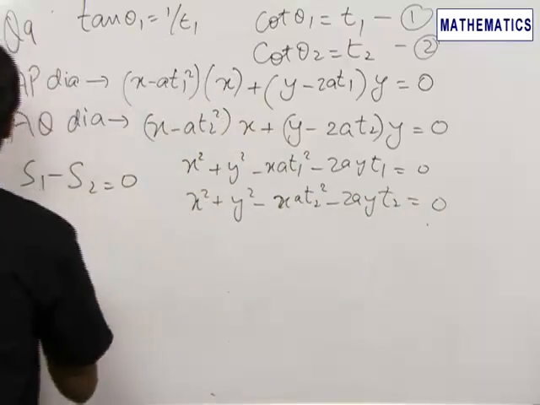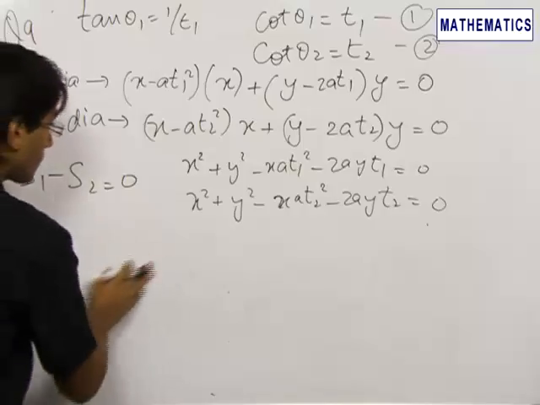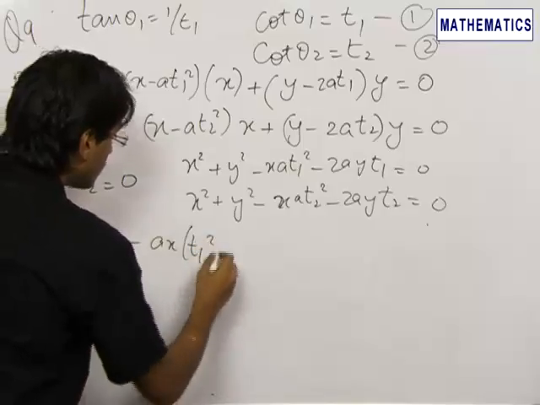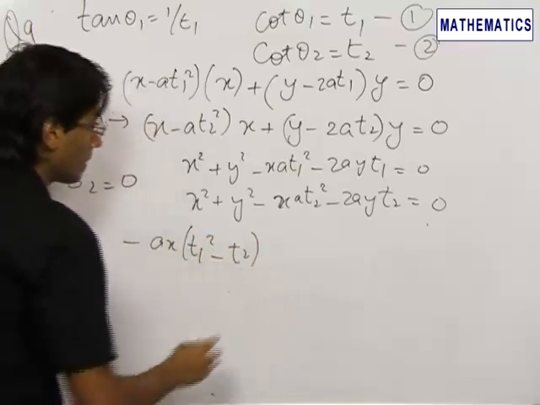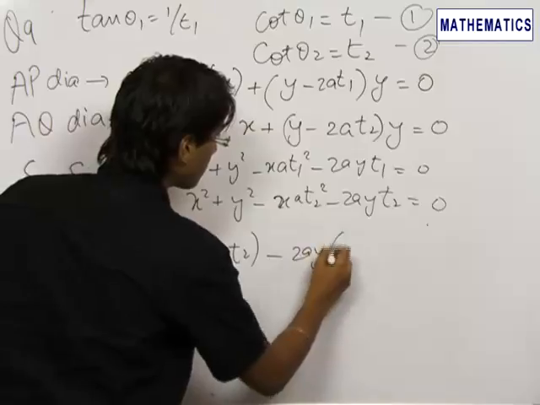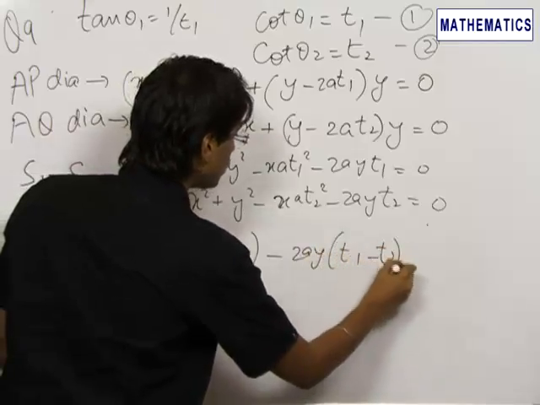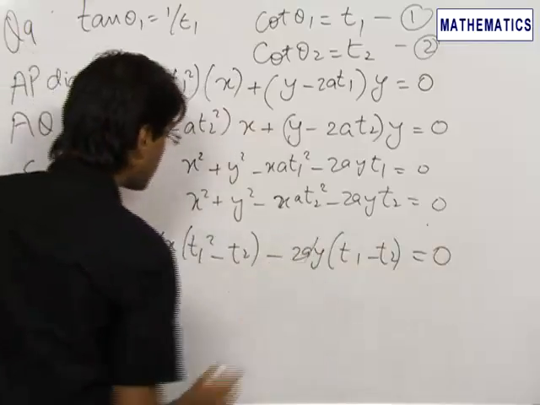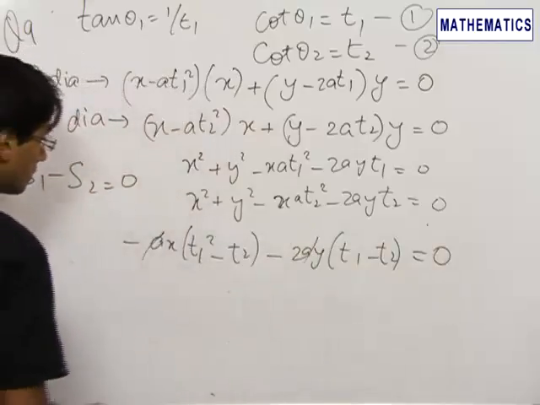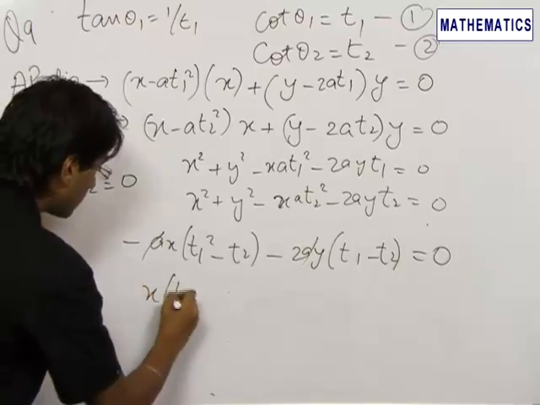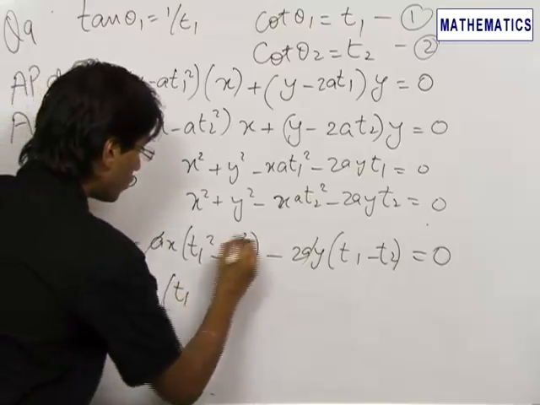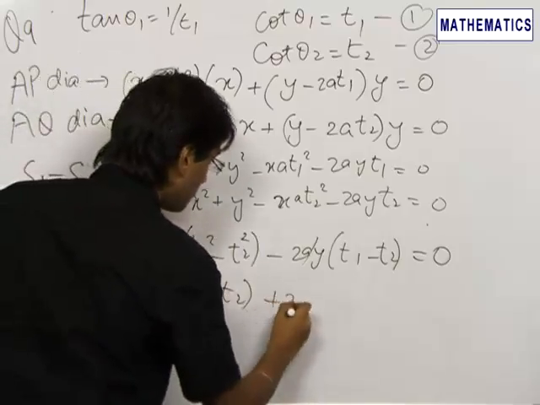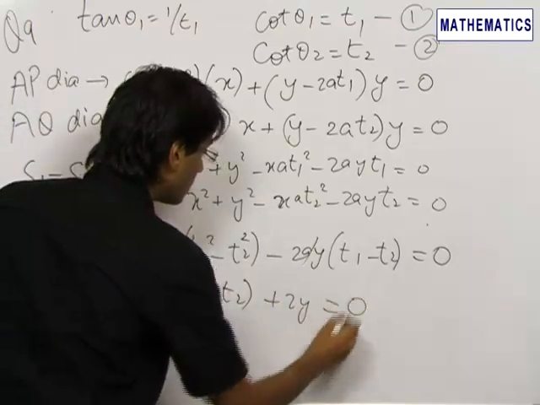On subtracting the two circles, we get the common chord equation as minus ax times t1 square minus t2 square minus 2ay times t1 minus t2 equals 0. This a and a can be cancelled, t1 minus t2 can be cancelled, so we get x times t1 plus t2 plus 2y equals 0.